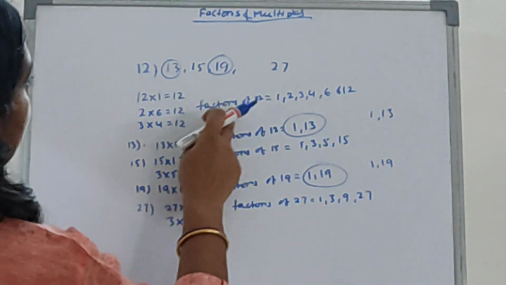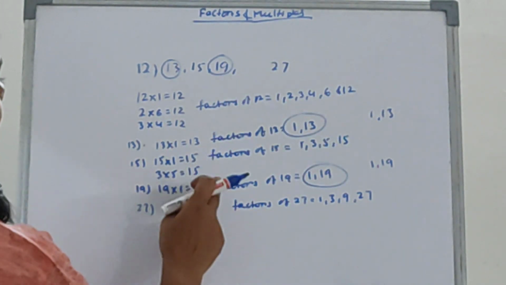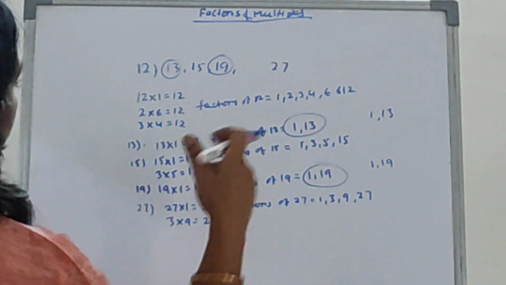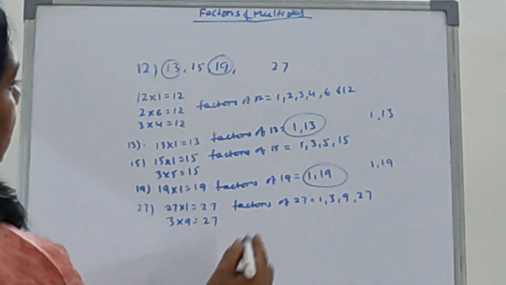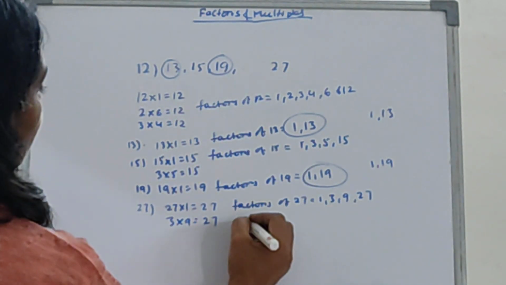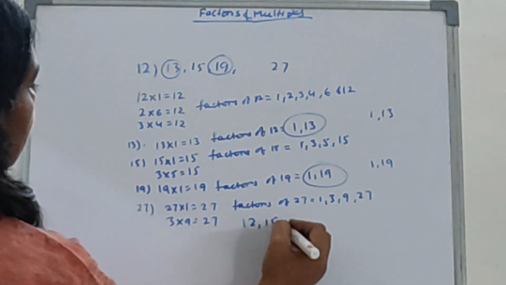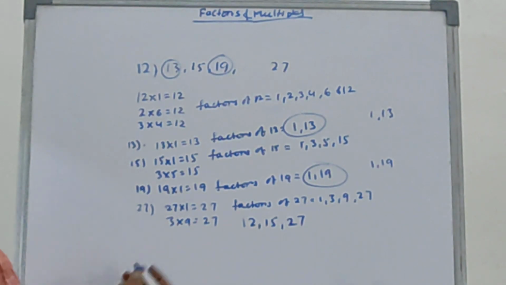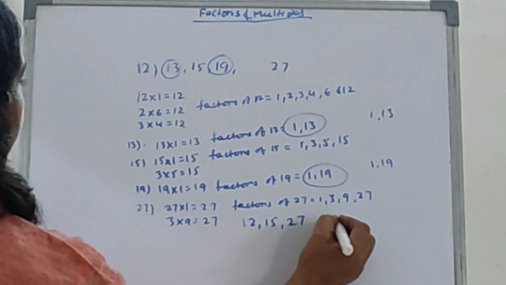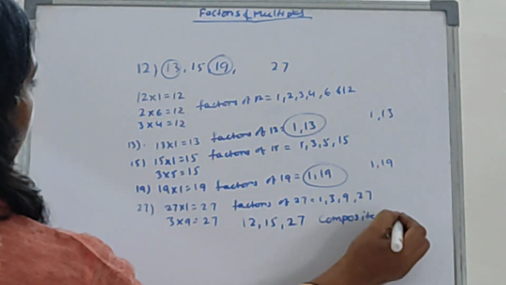Now see about the 12. It has 1, 2, 3, 4, 5 and 6. For 15, 1, 2, 3, 4, more than 2. For 27, 1, 2, 3, 4. So the numbers 12, then 15, then 27, these are composite numbers.